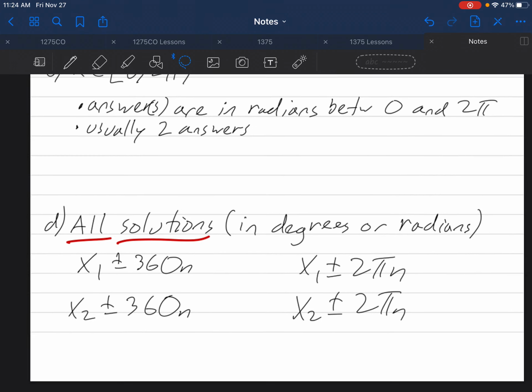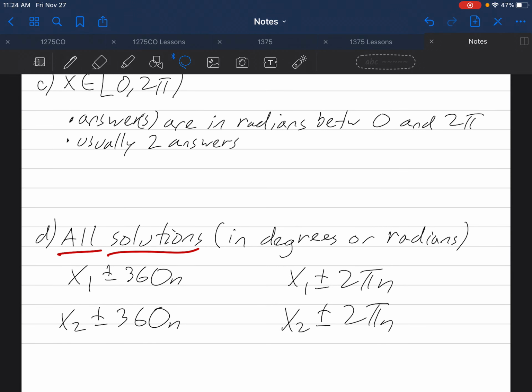And then it's possible that the equations we're going to be solving can ask for all solutions, every solution possible, of which there will be an infinite number. The way we can do that is by finding the measure of an angle, call it x1, and then declaring that we can add or subtract full revolutions of a circle to that.